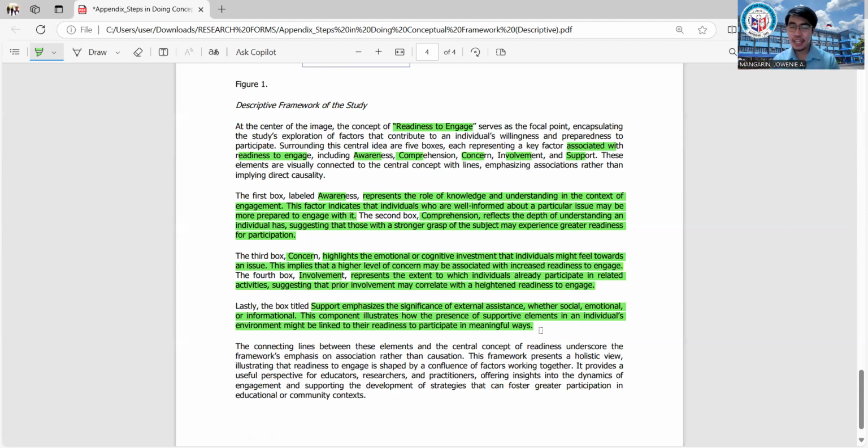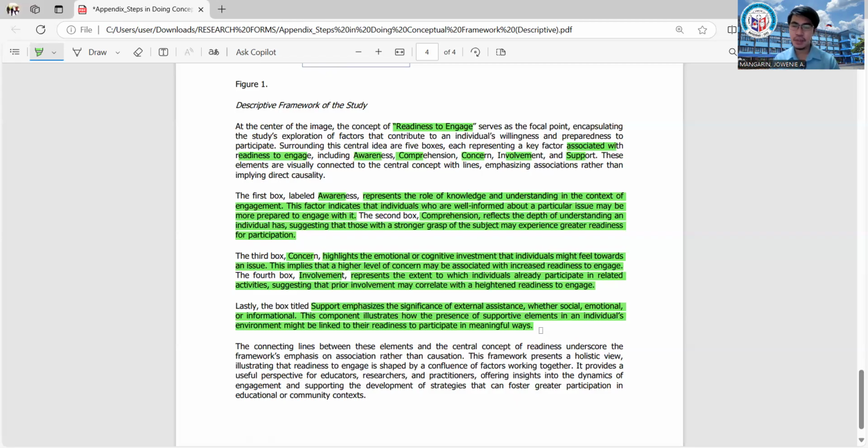Maaaring wala silang theoretical framework na ginamit sa paper nila. Kasi katulad ng na-mention ko sa mga previous videos natin, it is the choice of the researchers naman kung gagamit sila ng theoretical framework and then some other conceptual framework pa na available doon sa ating mga reference materials.